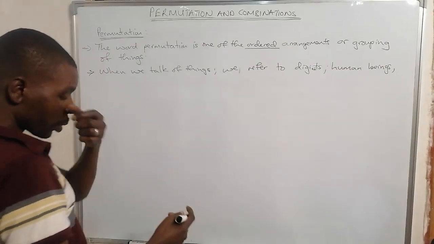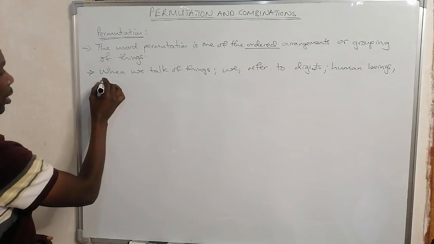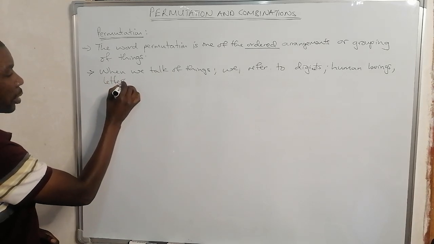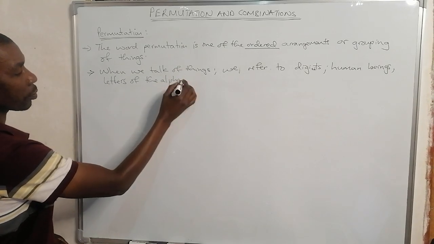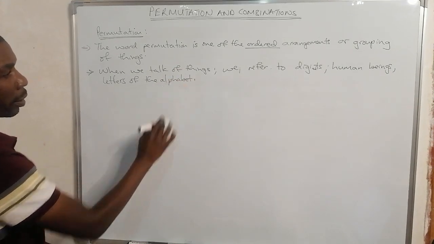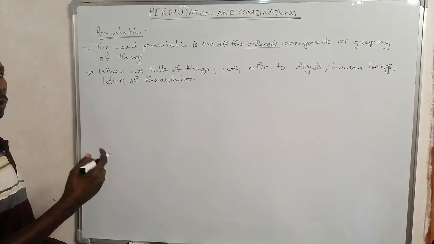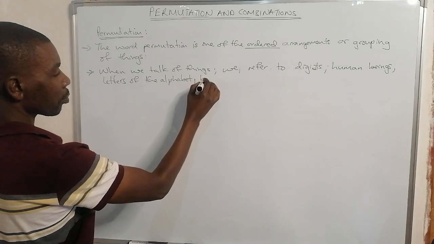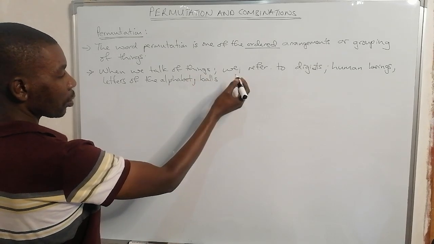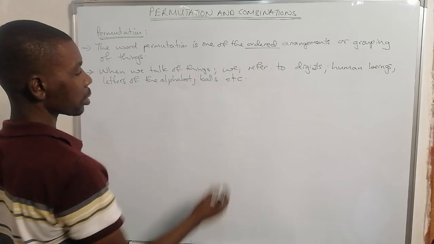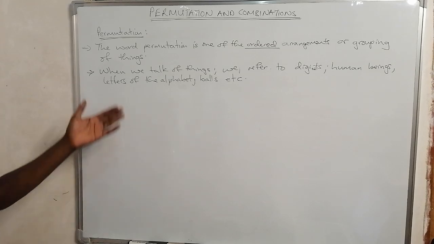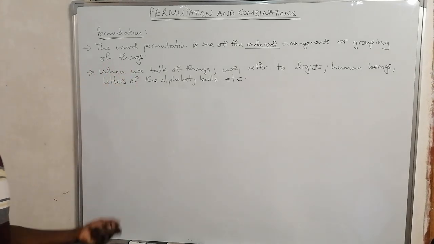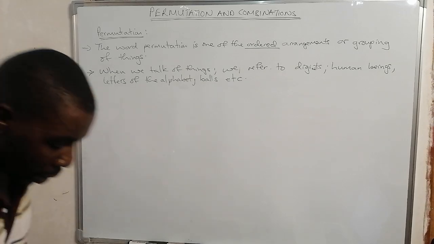We can also talk about balls, etc. So whenever we are talking about things, we refer to digits, human beings, letters of the alphabet, balls, and so on.